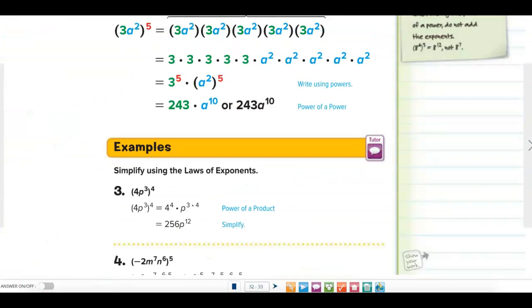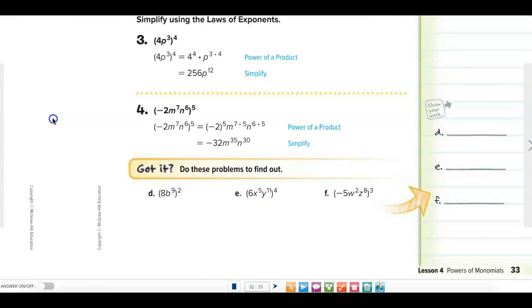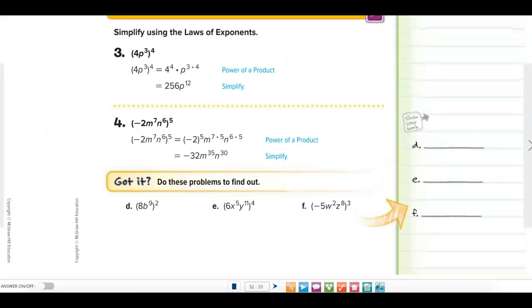Okay, so we already went over the rule of power of a product. Our example is example 3. Remember, it's kind of like distributing, so I have to distribute the exponent to each base. So 4 is actually raised to what power right now, inside the parentheses? 1, because there's an imaginary 1 right there, remember?